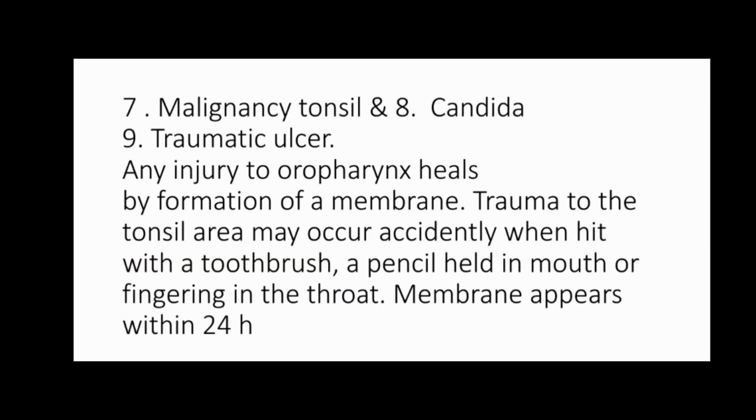And coming to malignancy of the tonsil and candida. The membrane over the tonsil may be due to malignancy of the tonsil, or due to candida. Why does candida appear? Due to high steroid drug intake or opportunistic infections, leading to candida formation in the oral cavity.